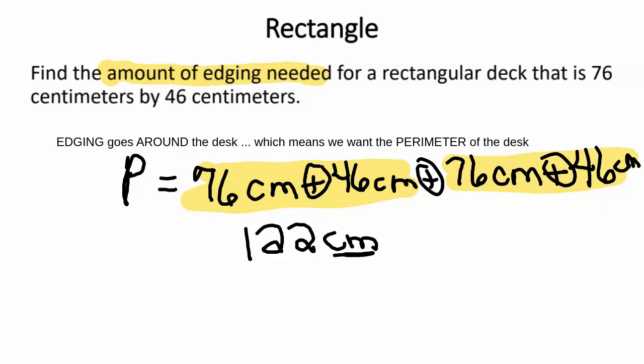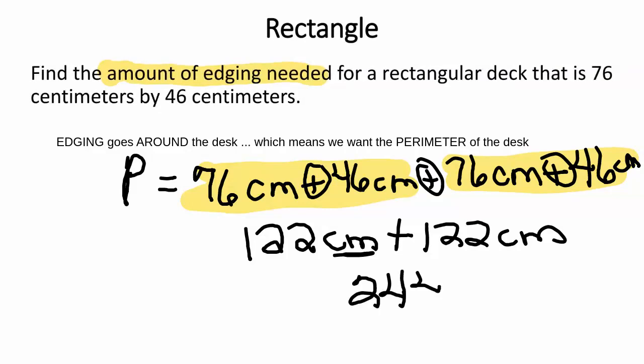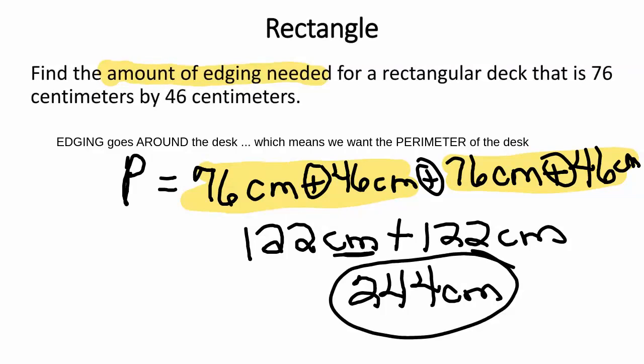So 122 plus 122 centimeters gives me 244 centimeters. That's my full length. I forgot that I didn't add all 4 numbers. I only added 2 of them in my head. Bad me. Gotta add them all.